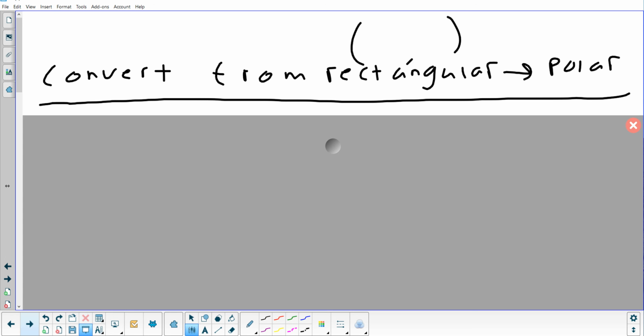Okay, we're going to do the same kind of thing. What are the 2 letters they give you in rectangular? X and Y. And what are the 2 things you want in polar? R and theta.